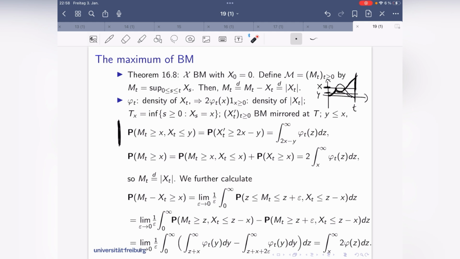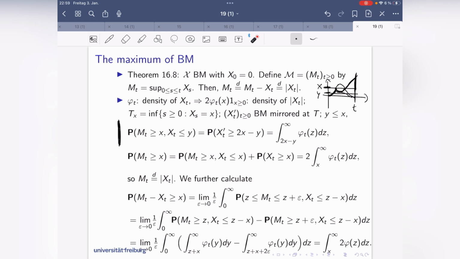I have phi_t of x only if x is positive, but 2 times because of the absolute value, because there are 2 possibilities. X_t is either above x or below minus x, so to speak. So this here is the density of the absolute value. And our task is to show that M_t has the same density, so this density here.